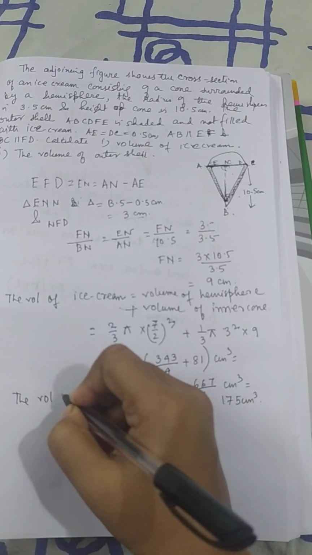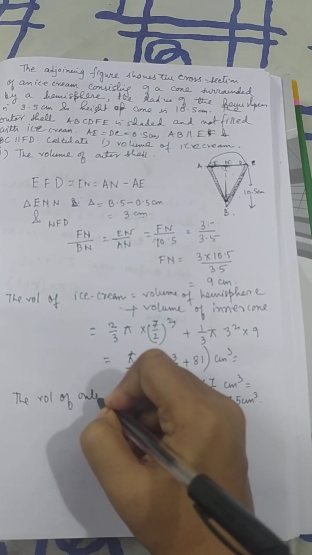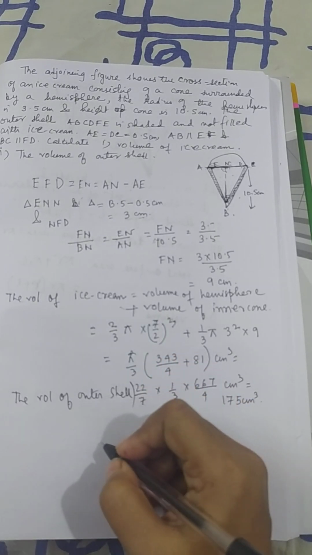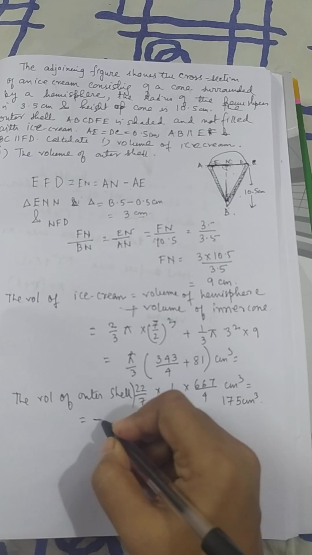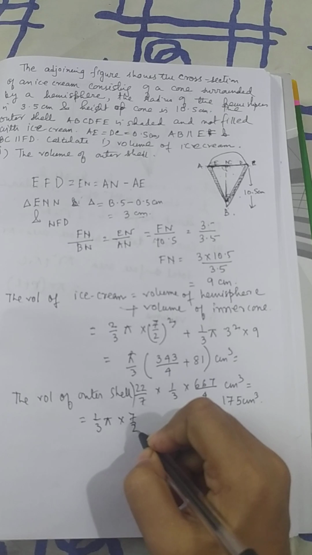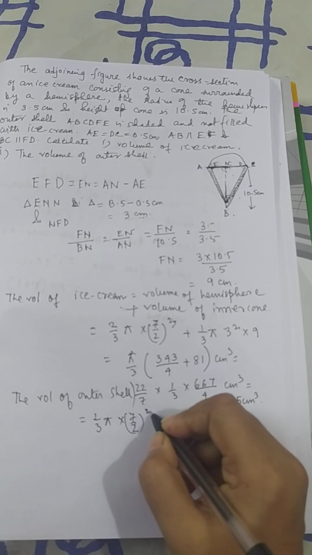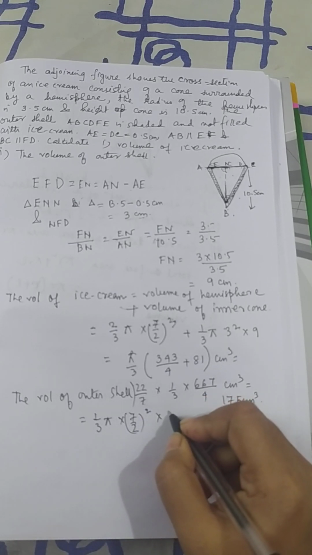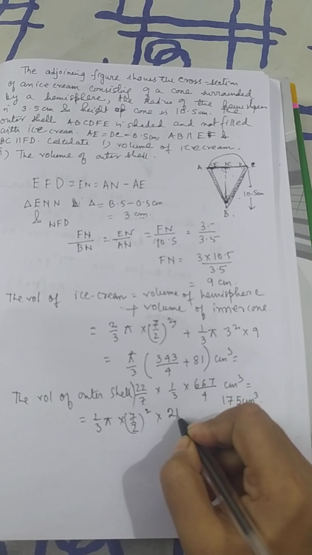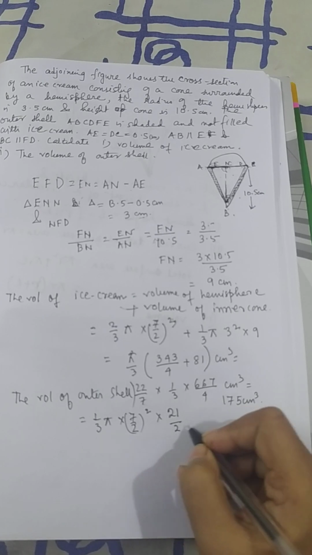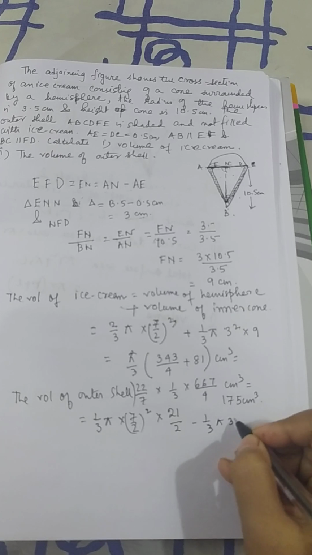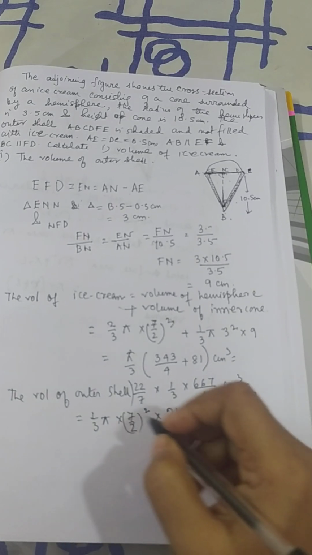Volume of outer shell. What will that be? It will be 1/3 of pi into the same 7 by 2 whole square into 21 by 2 minus 1/3 of pi 3 square into 9 centimeter.